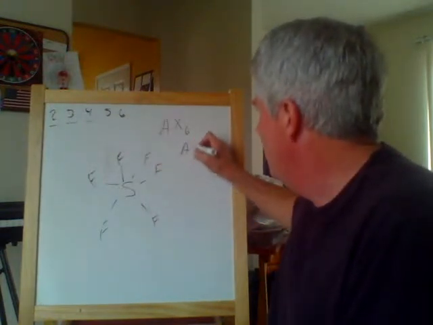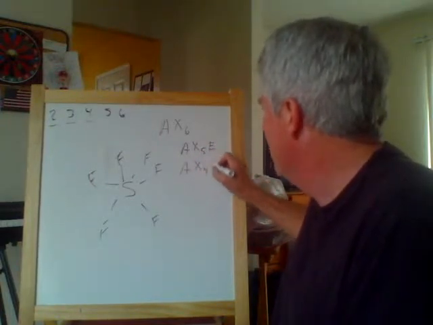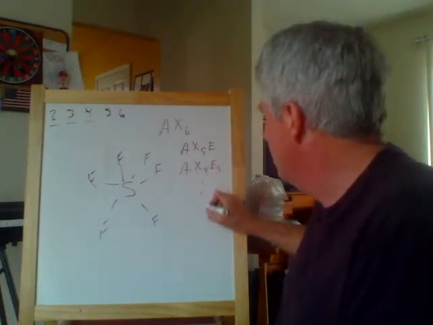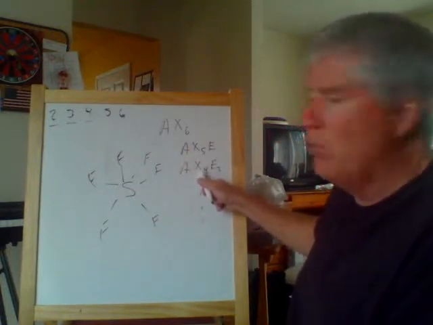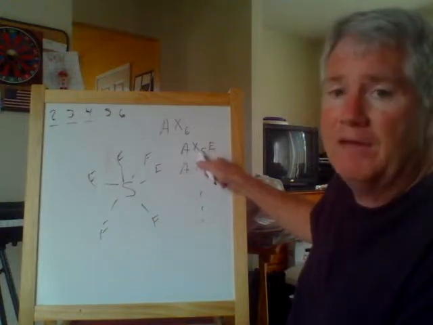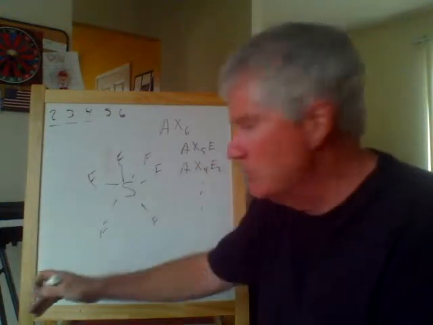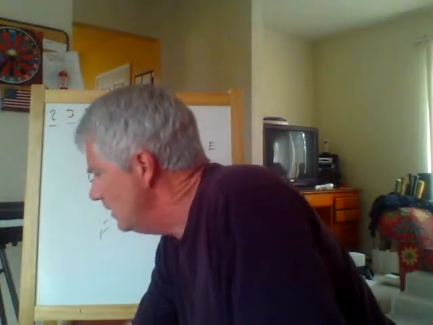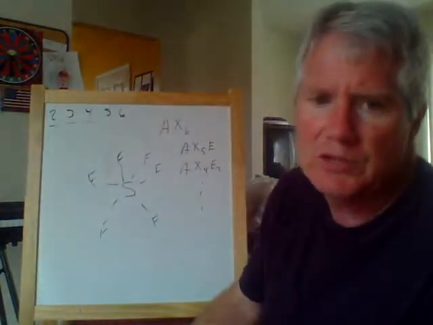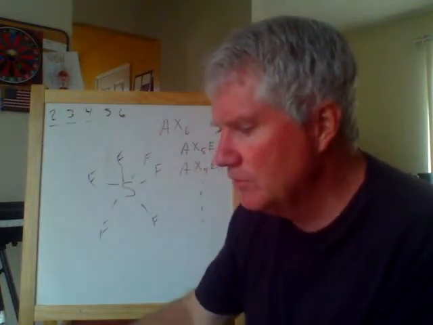So for example, AX5E, AX4E2, etc. Meaning the central atom has 4 atoms around it and 2 lone pairs, or the central atom has 5 atoms bonded to it and 1 lone pair, etc. And they form different shapes. It's in figure 10.8. You'll see all the shapes from there. Okay. All right. I think that's all I wanted to do in terms of introduction of shapes.